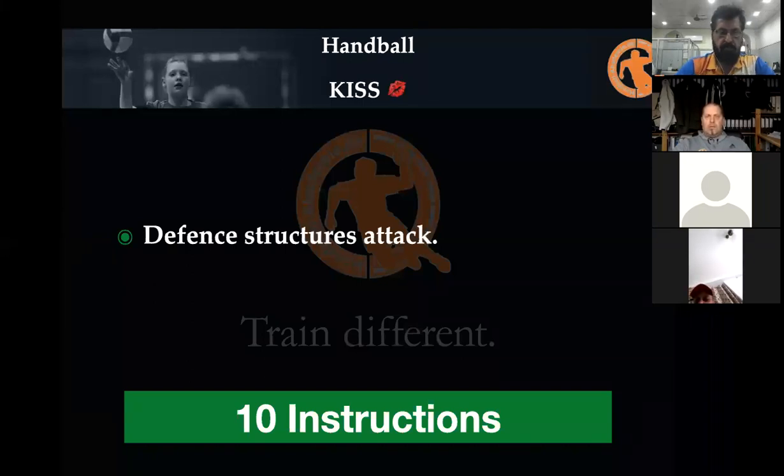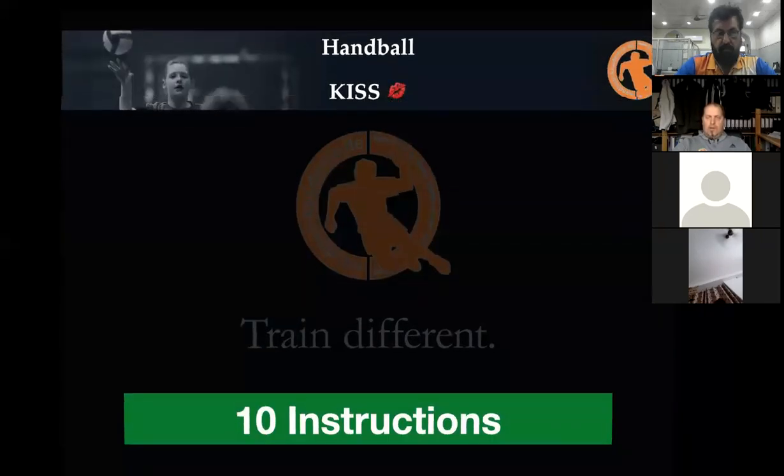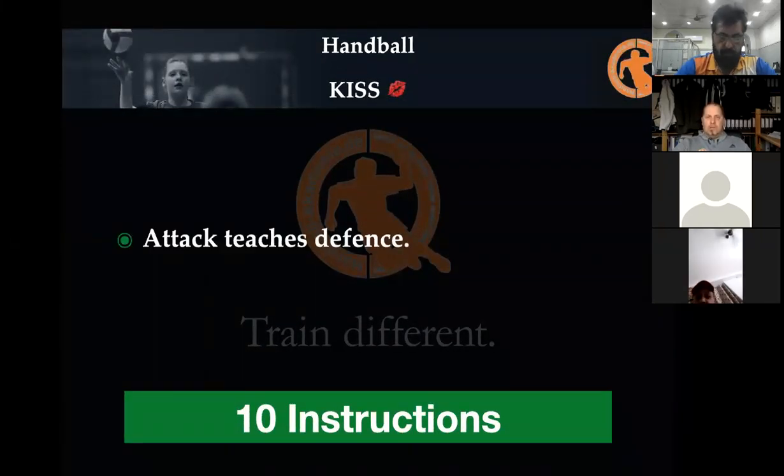And this is something we should use as the coaches in handball, because we have really a large, wide range of variability in different types of defending. Second aspect, the other relation is attack teaches defense. So the stronger the attackers are, the more the defenders have to do against them. And this starts especially when the attack is going for cooperation.